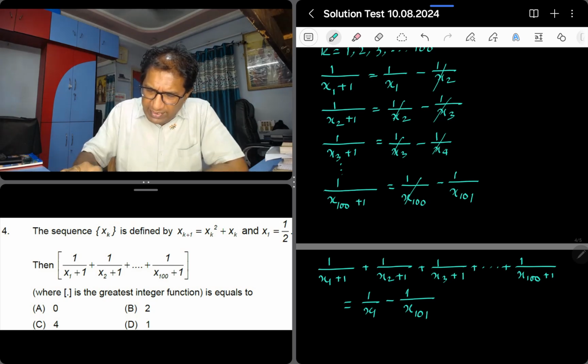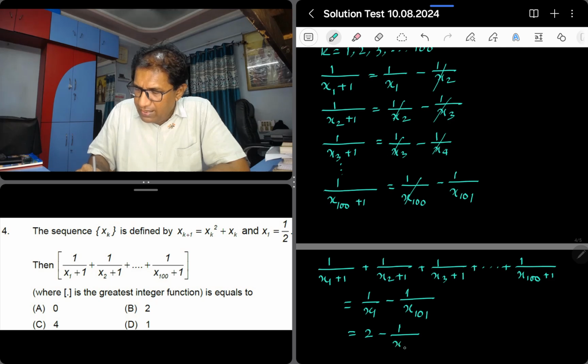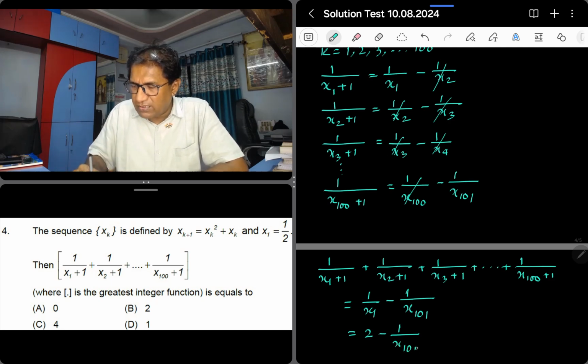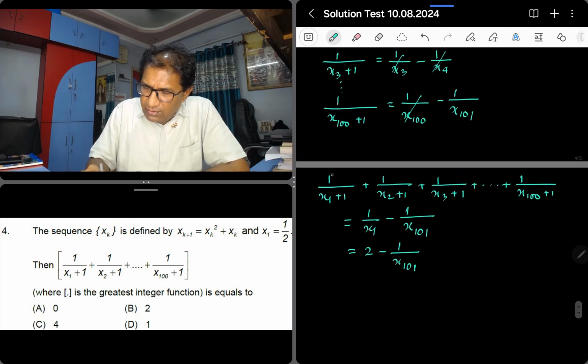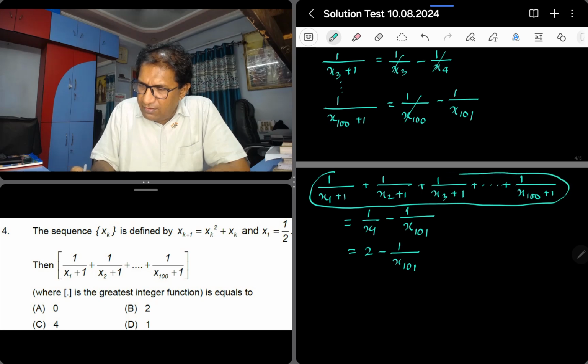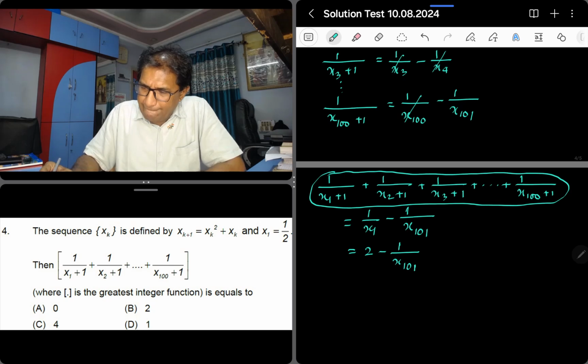Now, we have been already given that x1 is half. Therefore, 1 by x1 will give us 2 minus 1 over x suffix 101. Now, we have to find out the greatest integer value for this expression.